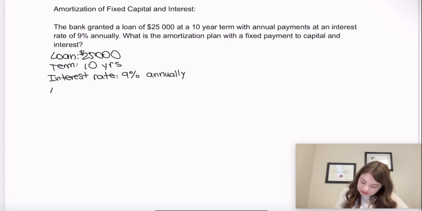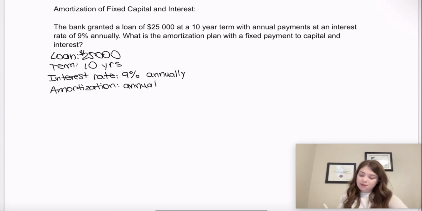And we know that the amortization is also annual as well, right? Because we're making one payment every year in this hypothetical. Of course, monthly payments are actually a lot more common when it comes to this stuff, but for this exercise, we're going to be doing yearly payments because non-yearly payments would take a lot longer for us to write an amortization plan.